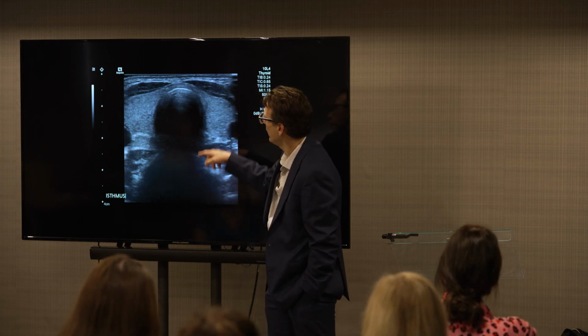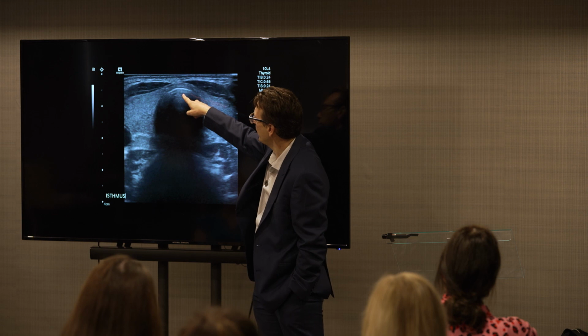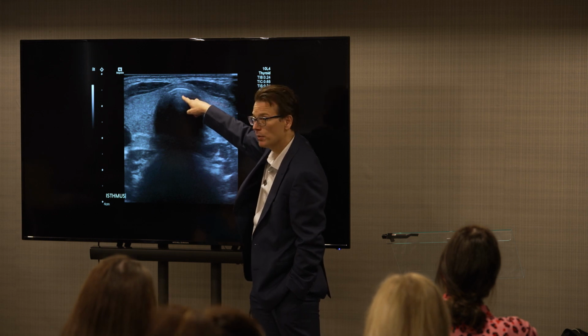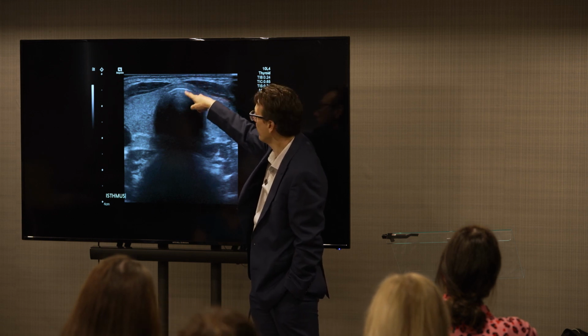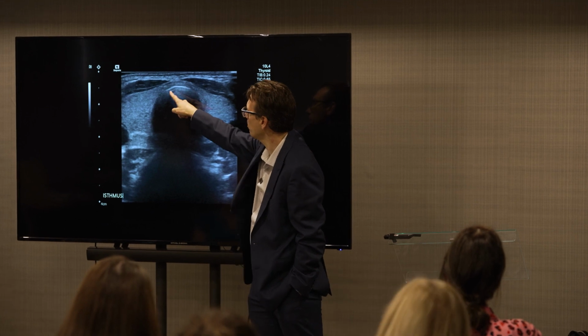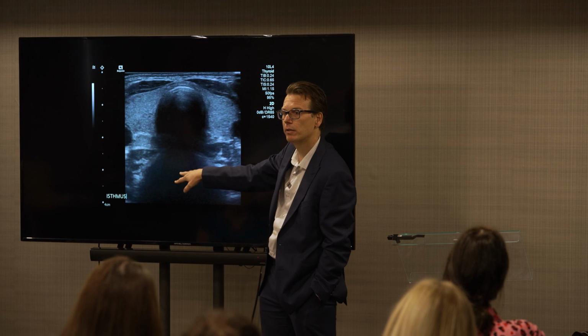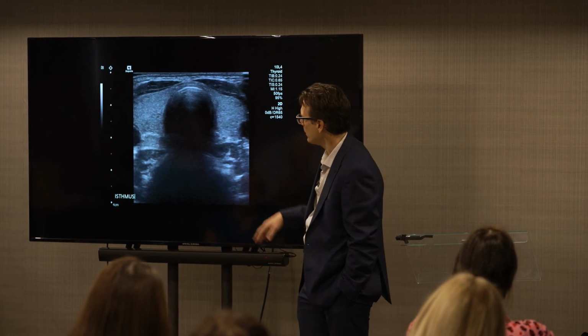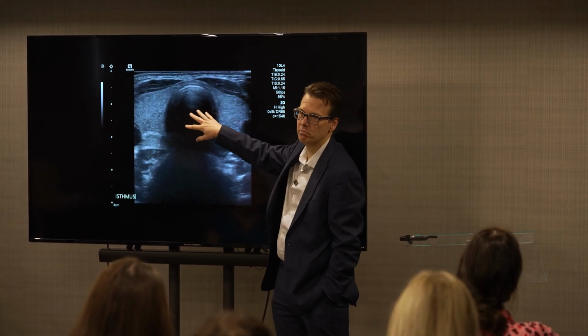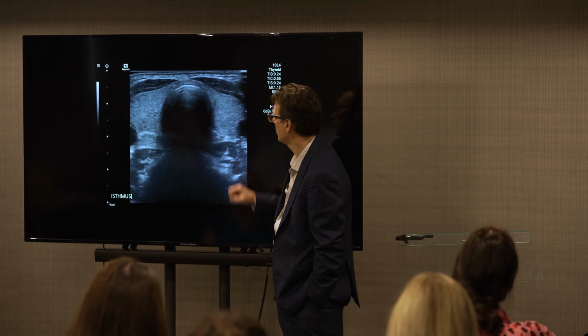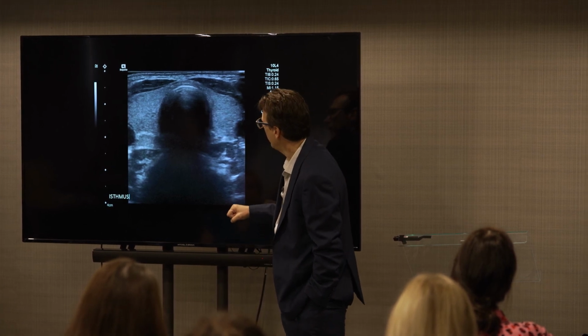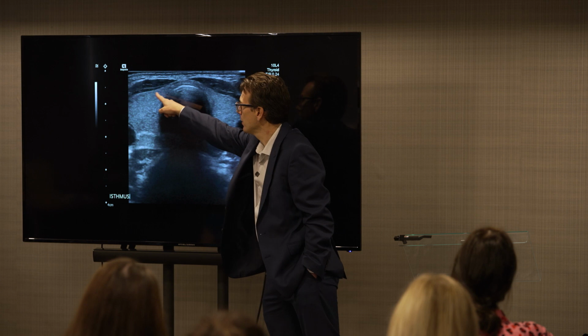A lot of the sound waves bounce off the tracheal rings and go back towards the probe, so that's why you're getting this hyperechoic band here, and then a reverberation artifact, and some shadow behind. So looking at the trachea, you don't really see much. And then you've got your infrahyoid muscles just at the top here.